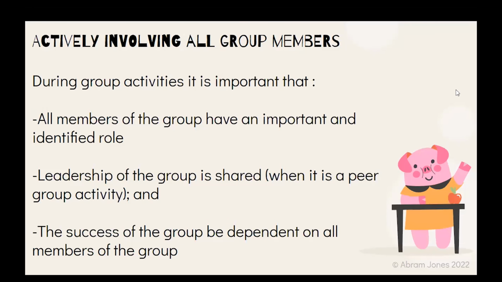It's very hard to enforce. There are some very creative ways to do it. We could talk about that later. But every member of a group needs to feel that they are an essential member of the group.